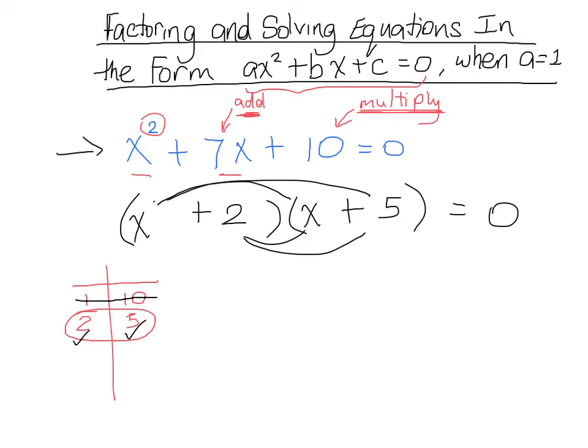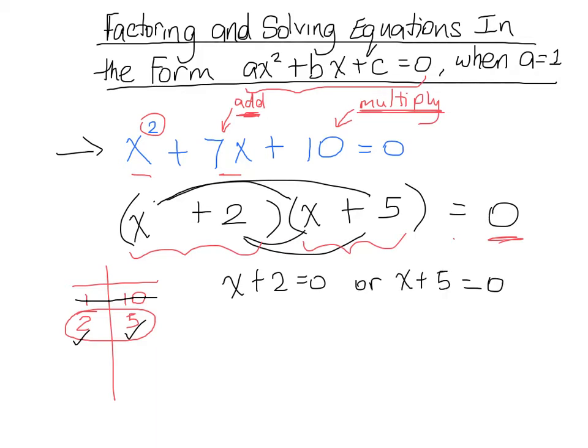We have two numbers being multiplied, x plus 2 and x plus 5, and we're told that when these are multiplied, our answer is 0. So one of those numbers has to be equal to 0. Either x plus 2 is 0 or x plus 5 is 0. Now it becomes very easy to solve, because both are linear equations.